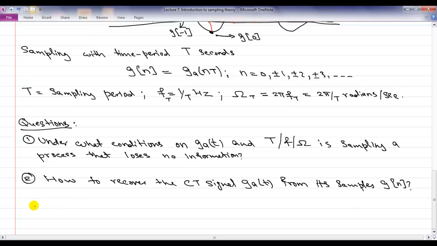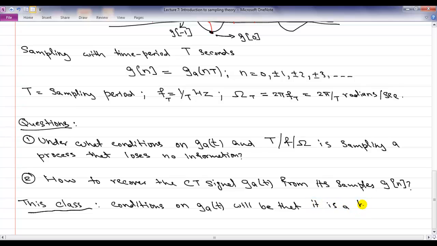Now, being an elementary class, we will actually fix the conditions on the continuous time signal. So in this class, the condition on g_a(t) will be that it is a band-limited continuous time signal.